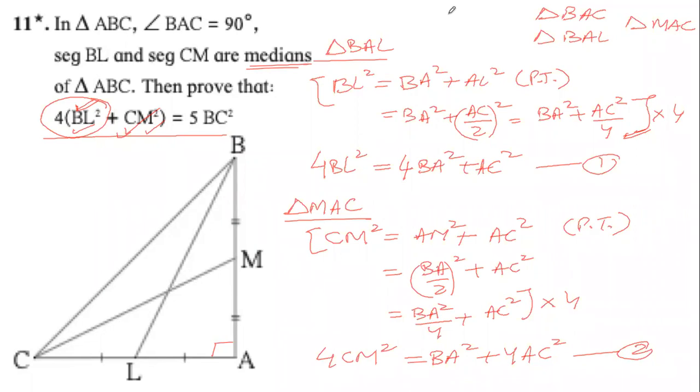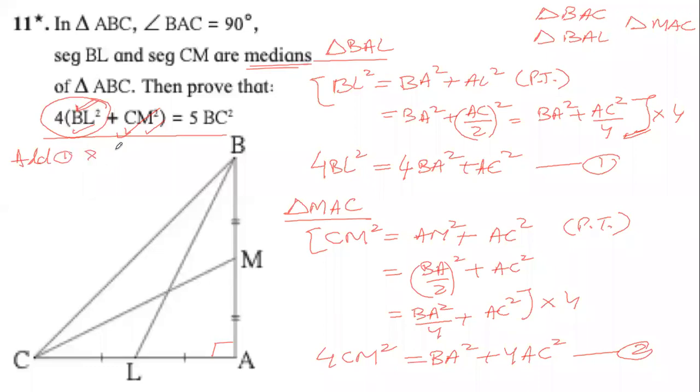See, in equation 1, we have 4BL square. In equation 2, we have 4CM square. But we need 4BL square plus 4CM square. So what will we have to do? The answer was in my explanation. Correct. Add. What do we add?